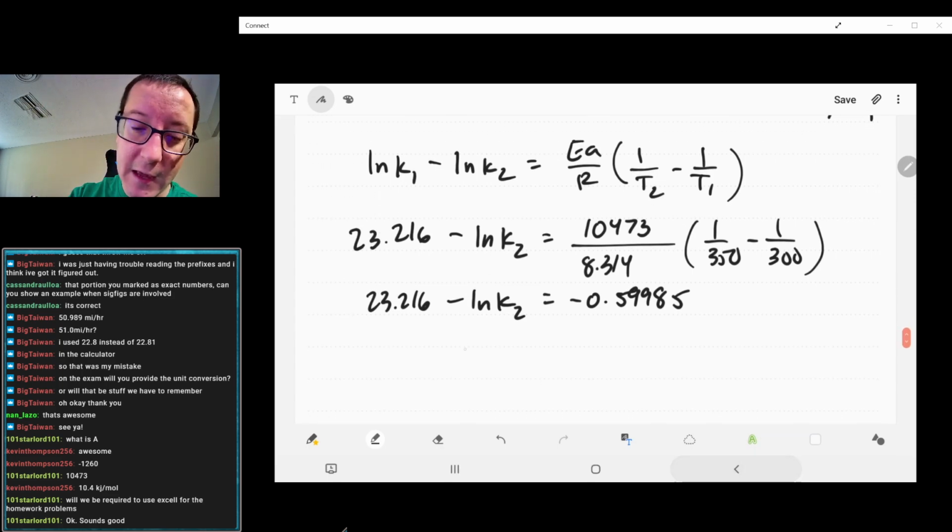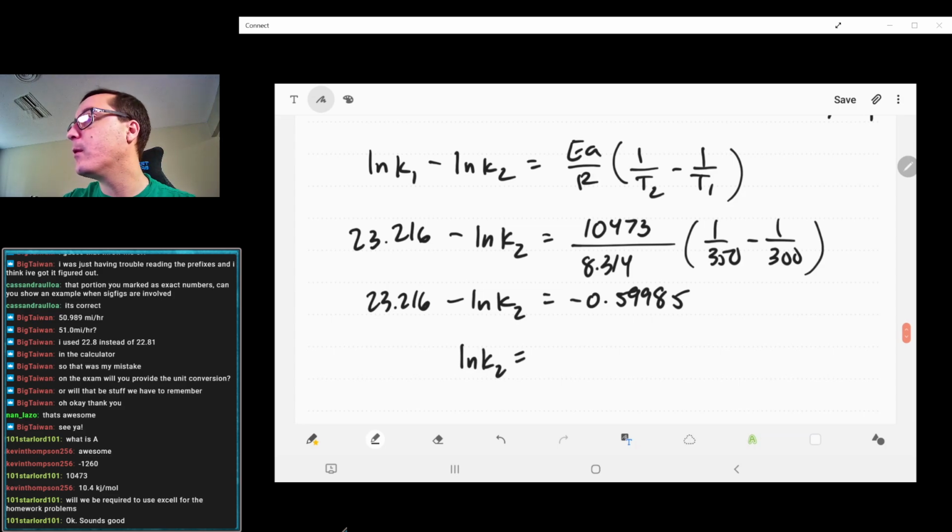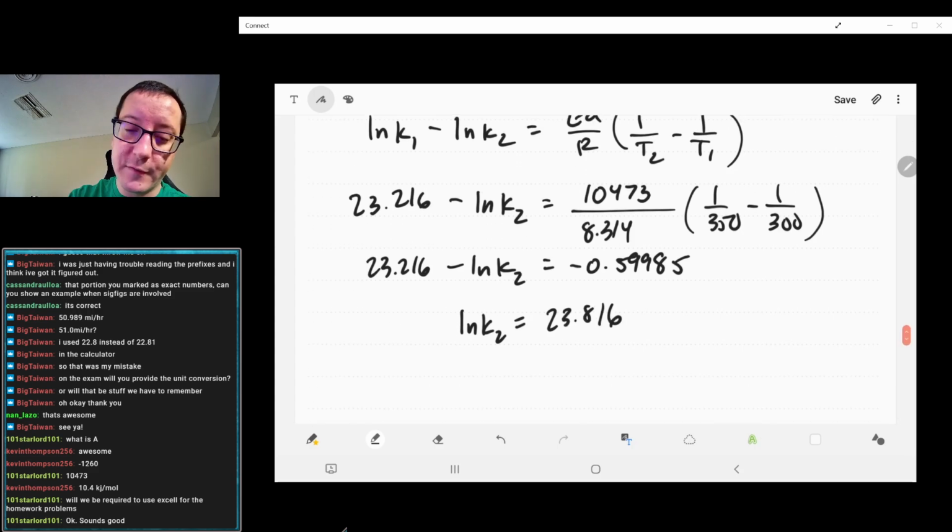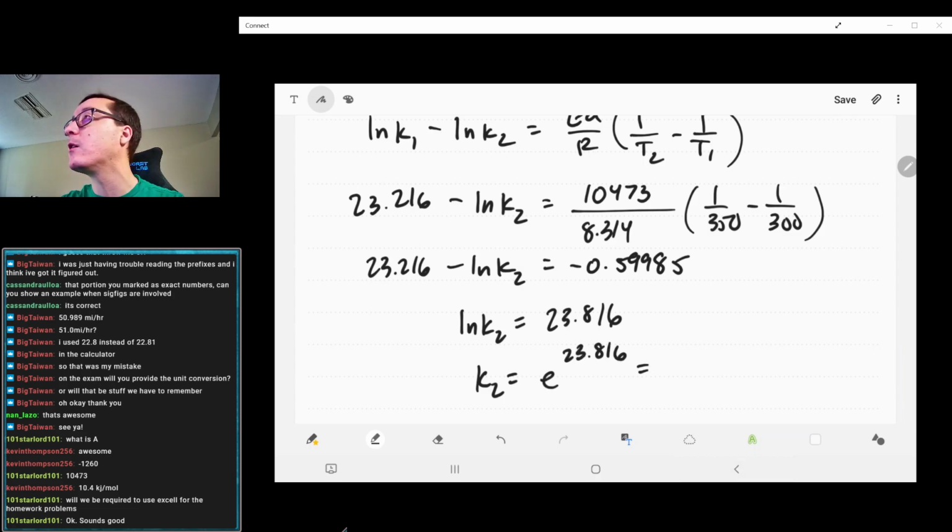Solving for ln K2, add this number to 23.216. I get 23.816. And if we solve for K2, that's just going to be e to the 23.816, which is going to be some crazy big number. But that's okay.